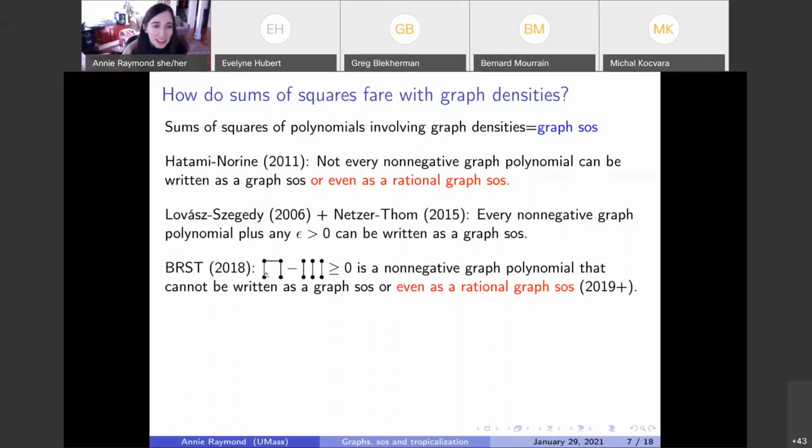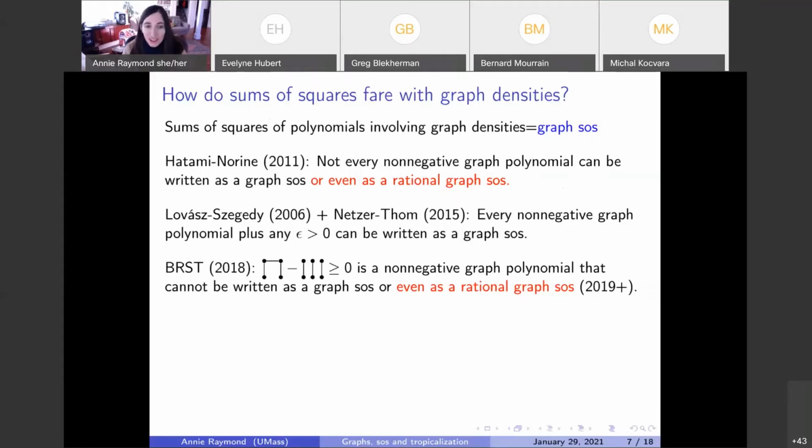It's just saying that if I look at any graph, and I look at the homomorphism density of a path of length 3 minus the homomorphism density of 3 disjoint edges, then that's always going to be greater or equal to 0 in any graph.